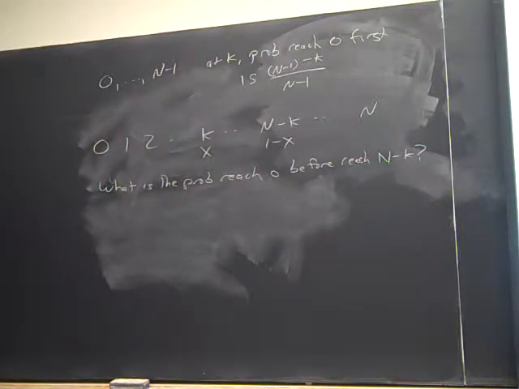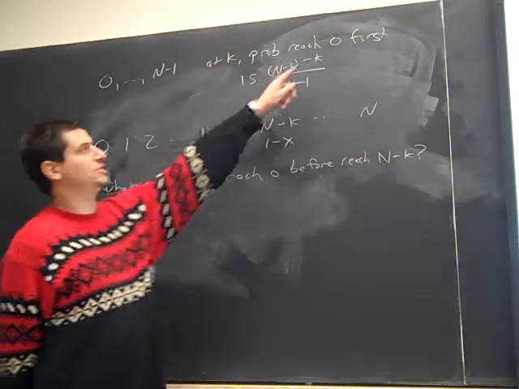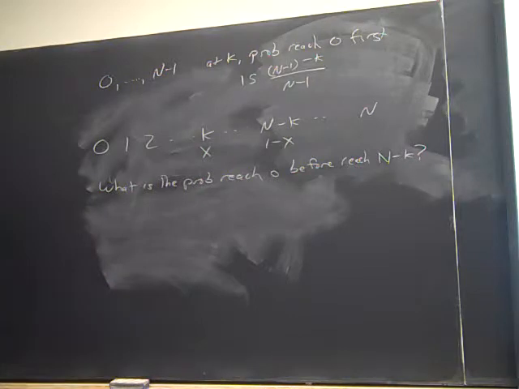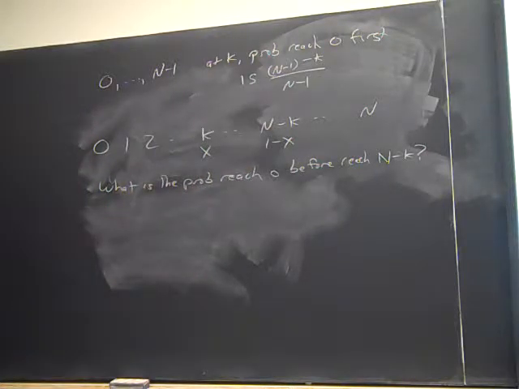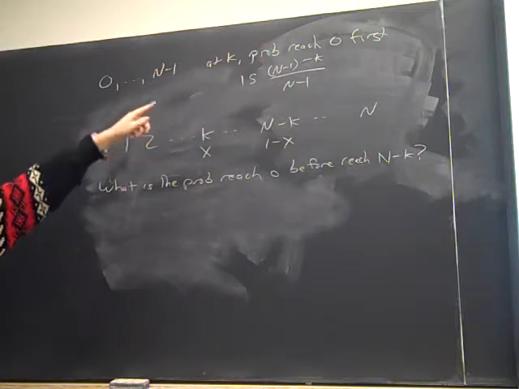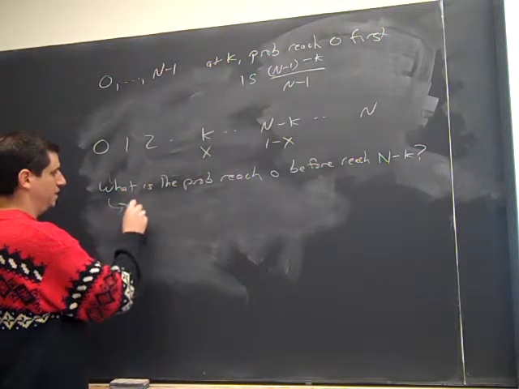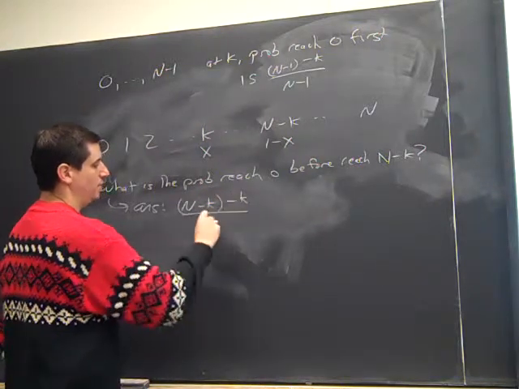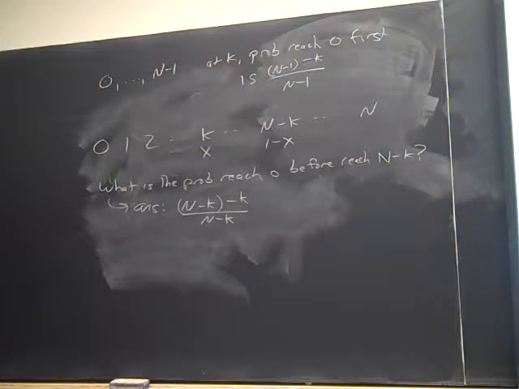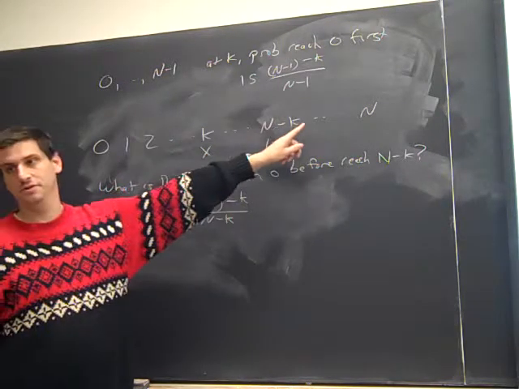In our first expression for 0 to n minus 1, if k equals 0, it's 100%. If k equals n minus 1, it's 0%. So we just plug in n minus k to our formula. The answer is n minus 2k over n minus k.